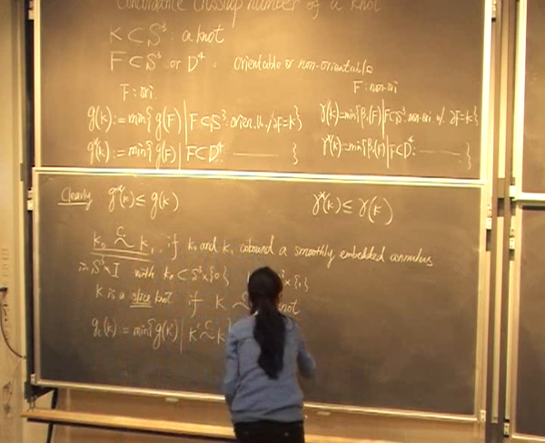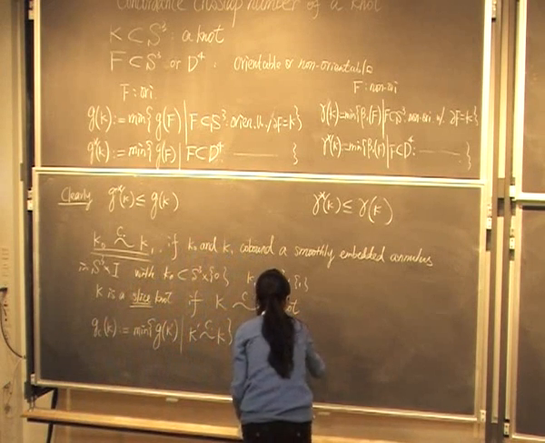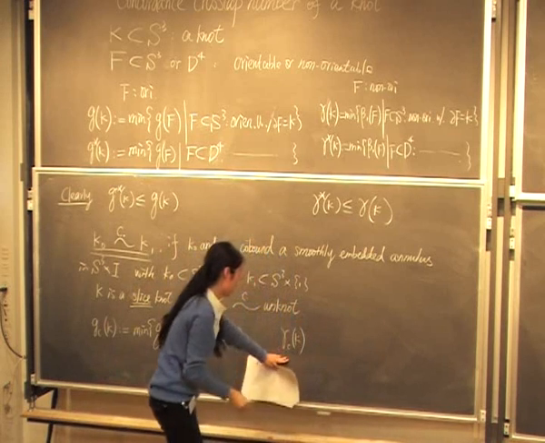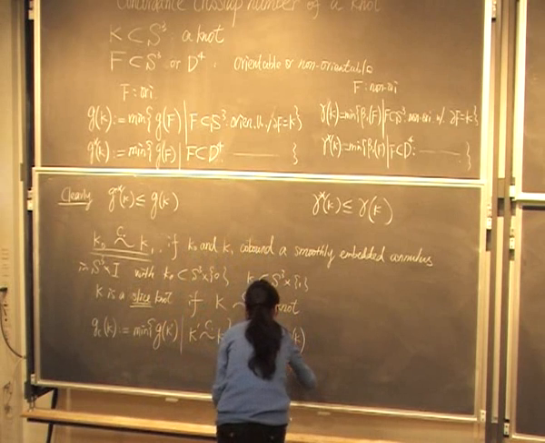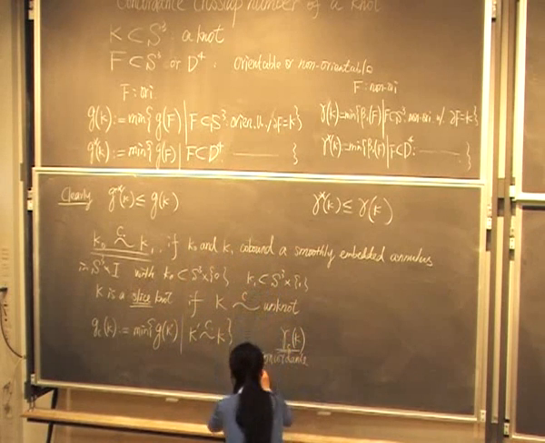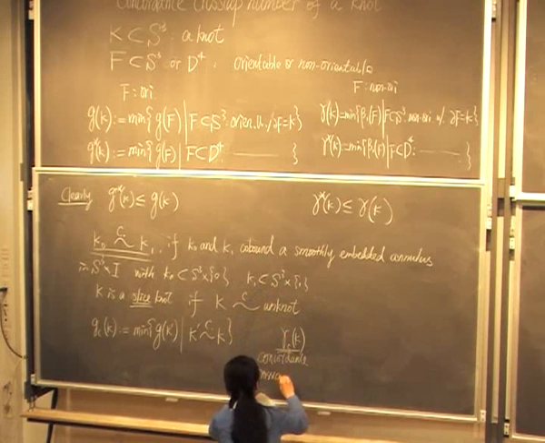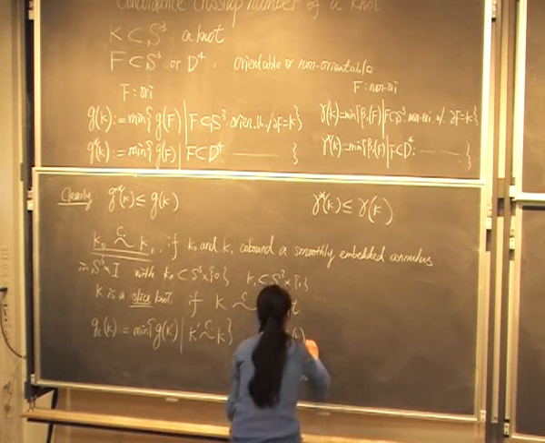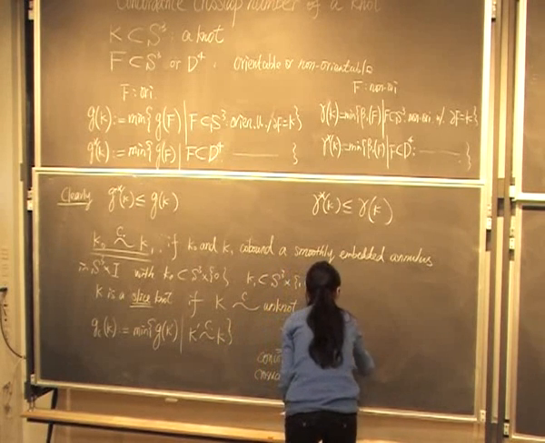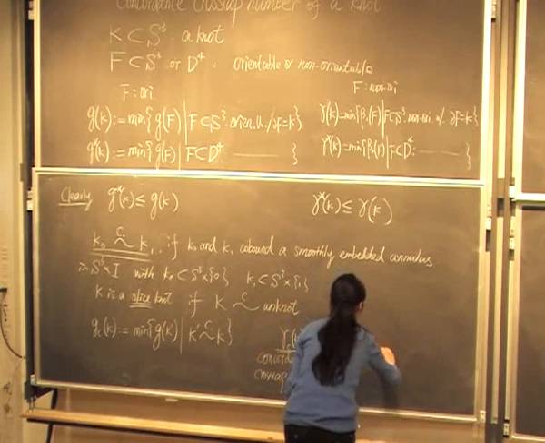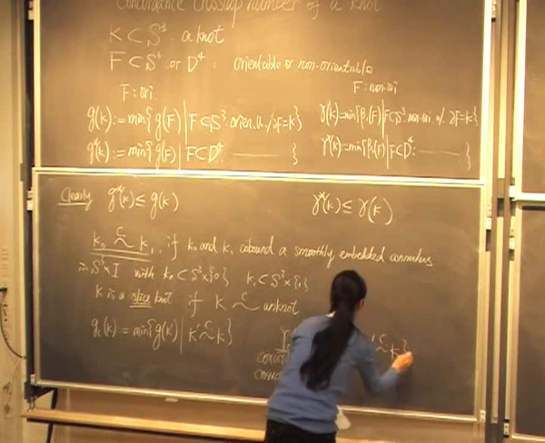And we define gamma_C of K, which we call the concordance crosscap number, to be the minimum of the crosscap number in K's concordance class.